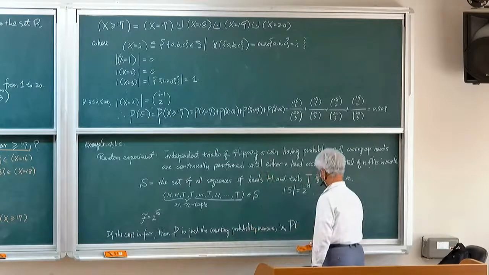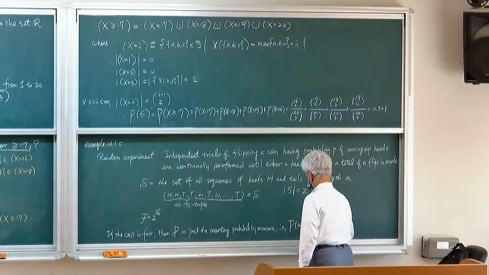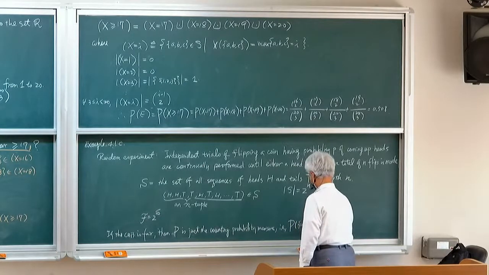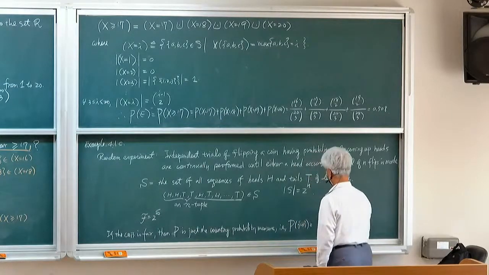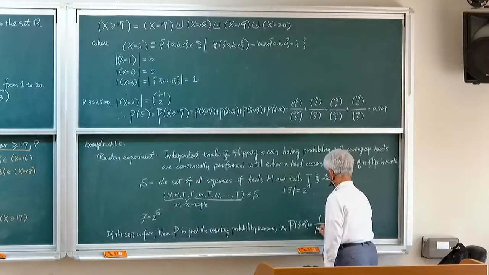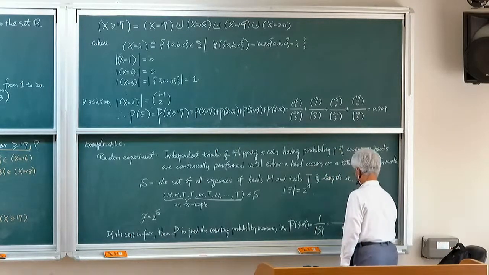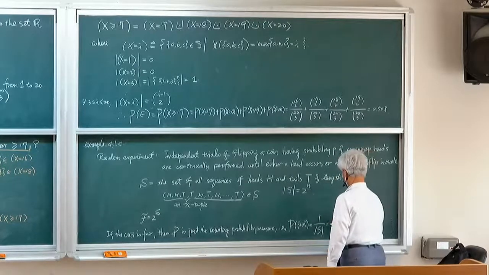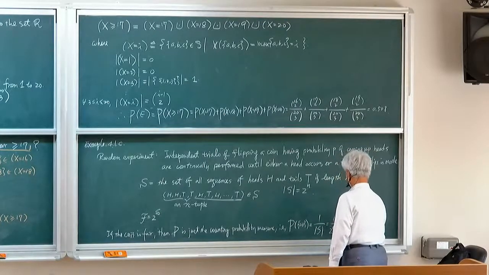So for every outcome, for every atomic event, the probability is equal to one half to the power n.